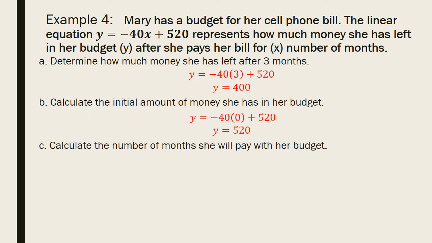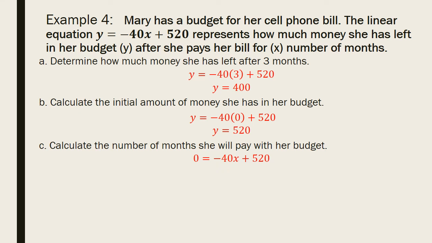Now, C is asking us to calculate the number of months she will pay with her budget. So when she finishes paying, using her budget, she's going to end up with a balance of 0. So in this case, y, or the amount she has in her budget, will be 0. So to be able to find the number of months, that means I need to solve for x. So this time, I'm going to have to substitute y with 0 and then solve the equation for x.